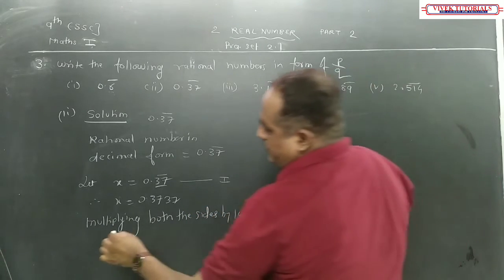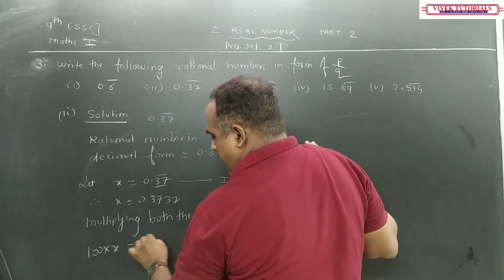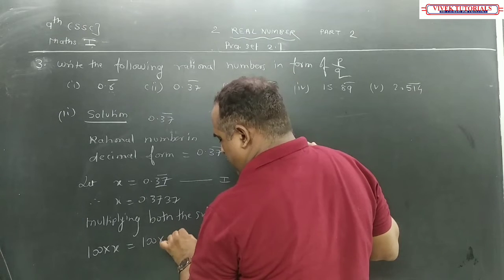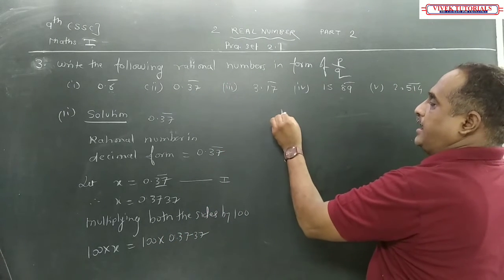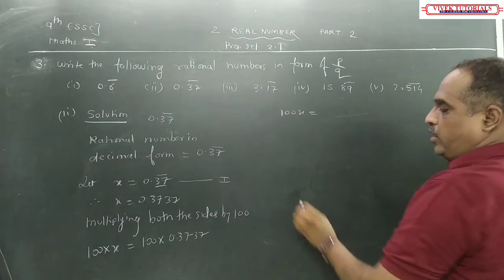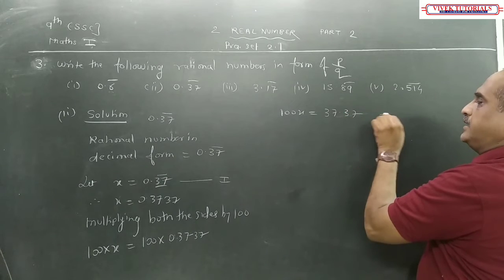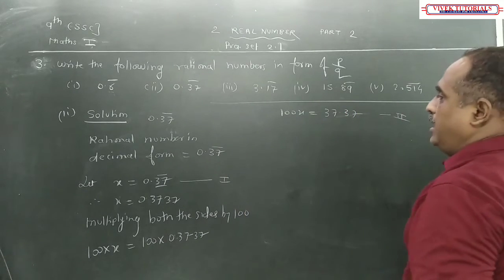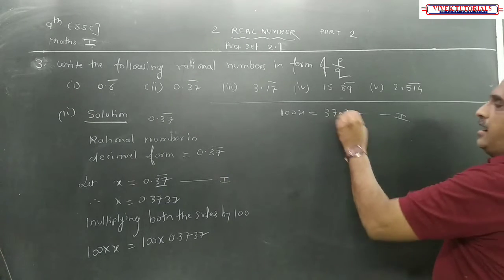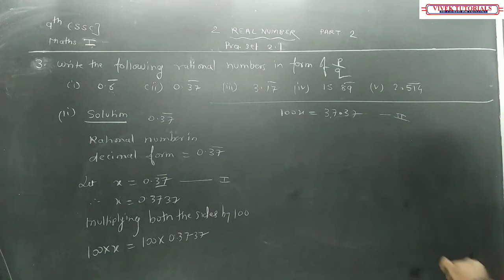So what will happen now? 100 into x and 100 into 0.3737. So we are getting 100x, and over there I am getting 37.37, equation number 2. You got it now? See here, if I multiply by 100, 2 decimals move ahead, 37.37.